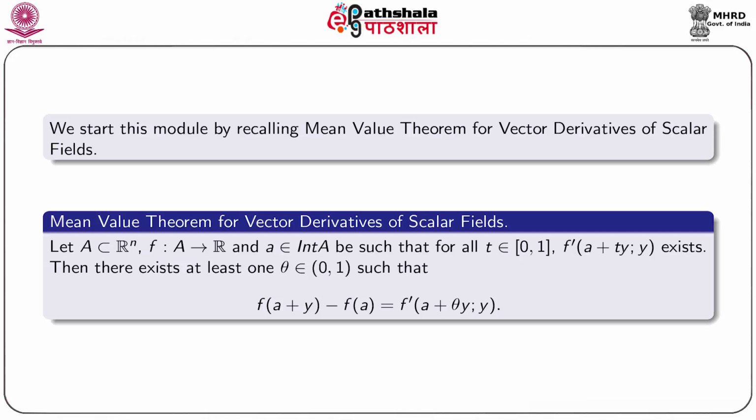Then there exists at least one theta lying in the open interval 0 to 1 such that we can express the increment f of a plus y minus f a equal to the vector derivative f dash a plus theta y y.